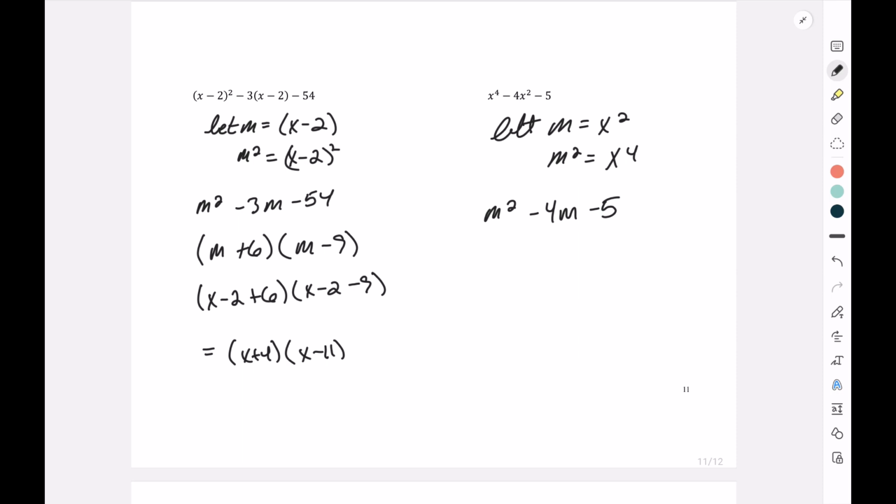And we would see that this would be a similar form to the x squared plus bx plus c. And we could see that we would have a positive 1 and a negative 5. And so our answer would be m plus 1, m minus 5. Plugging those values back in, our answer would be x squared plus 1 and an x squared minus 5.